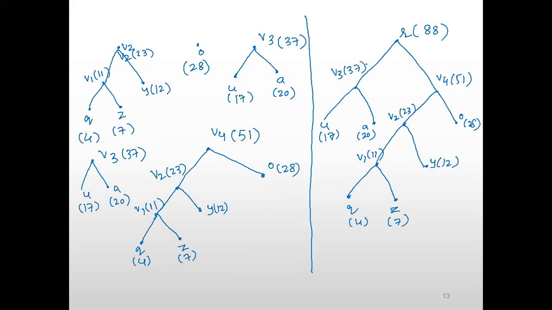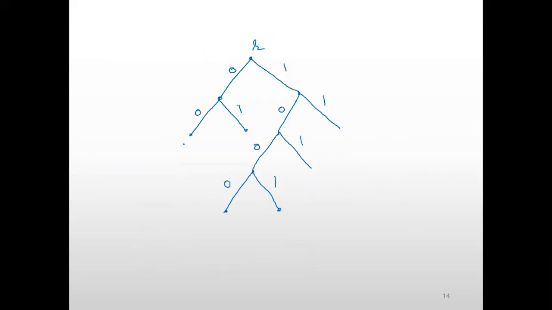See, this tree structure only, I have written over here by dropping all these weights. I just retain only the labels U, A, Q, Z, Y, and O. And the left child is assigned 0 and the right child is assigned 1.